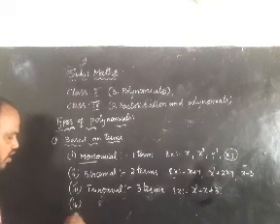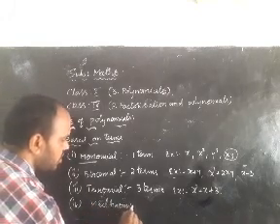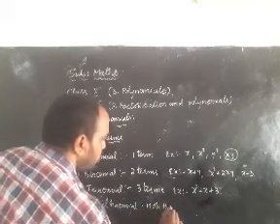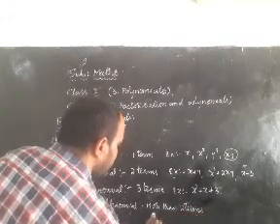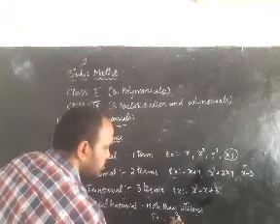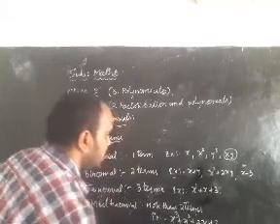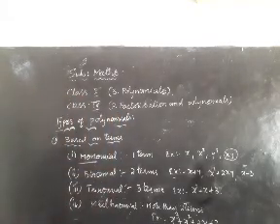The fourth one, multinomial. It contains more than two terms. Example, x cube plus x square plus 3x plus 2. These are the types of polynomials based on terms.